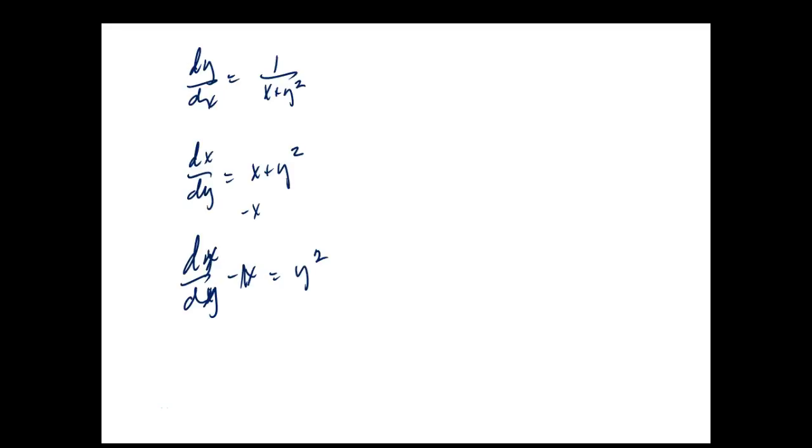So let's move on to exact equations. All right. A little bit of background, I guess. Here is a simple first order equation. y dx plus x dy is equal to 0.